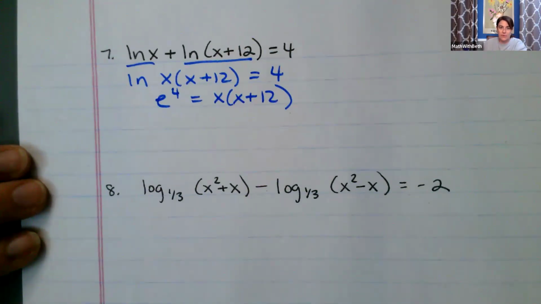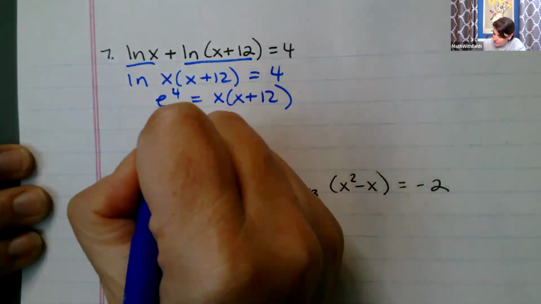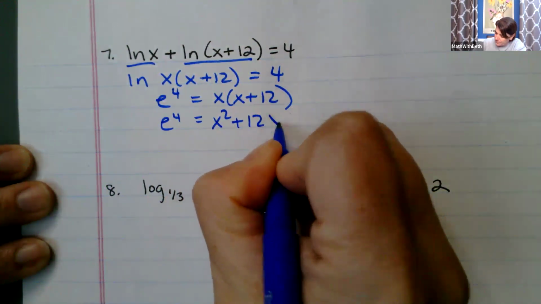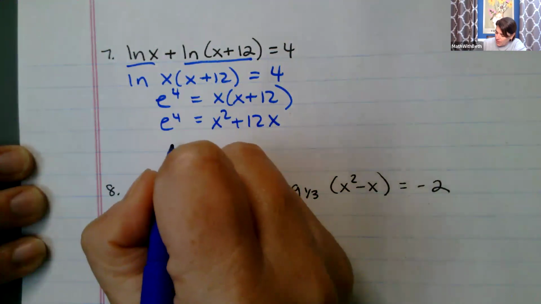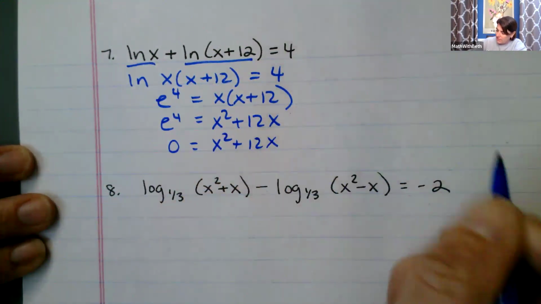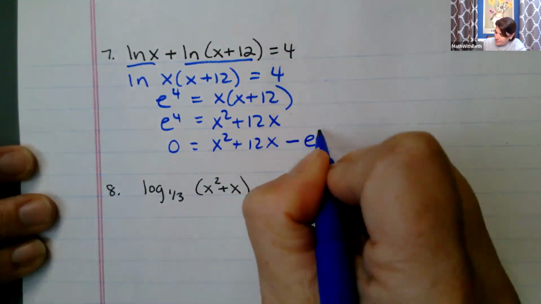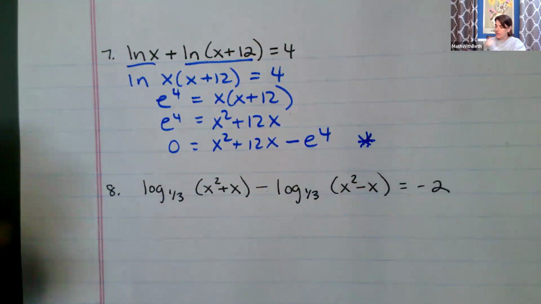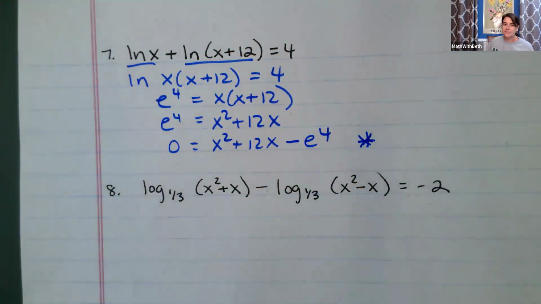And then you're just going to have to go through and solve that, which is going to be a little tricky. So you would probably need the quadratic formula. So we're just going to leave that one from there. We're just going to at least practice starting these.